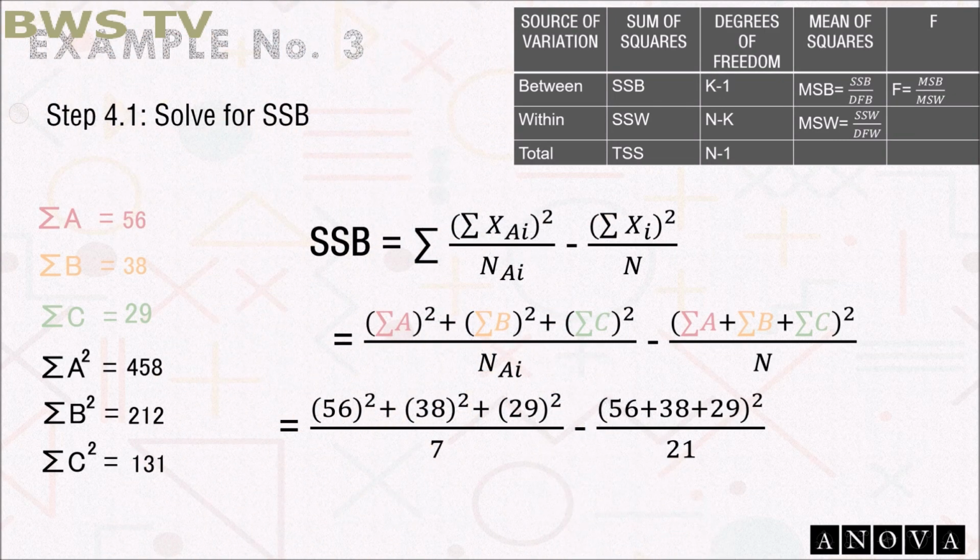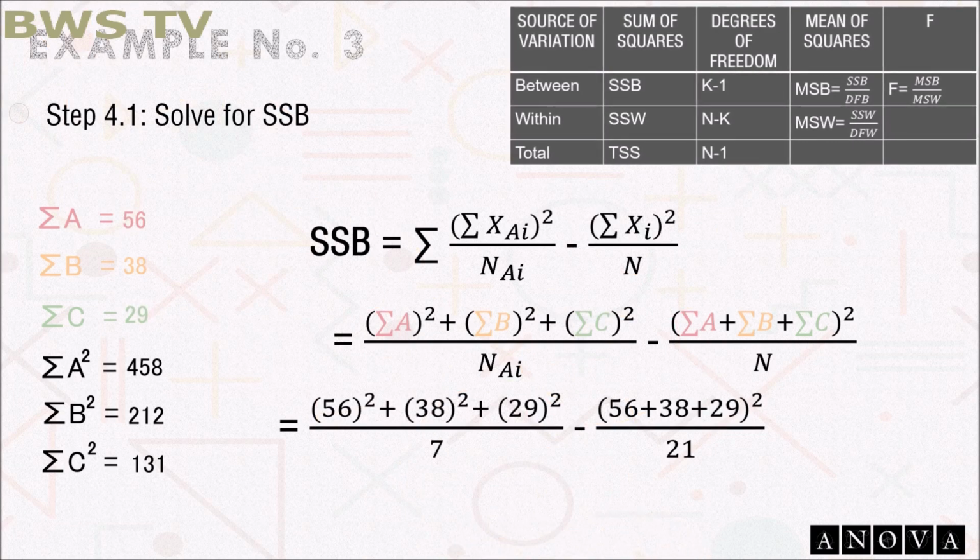If you get confused, here are color codings. Now you might get confused where we got 7 and where we got the other one, 21, in the formula given.